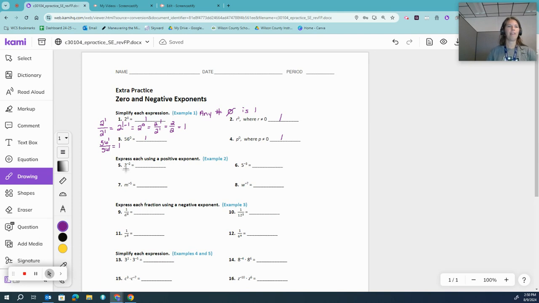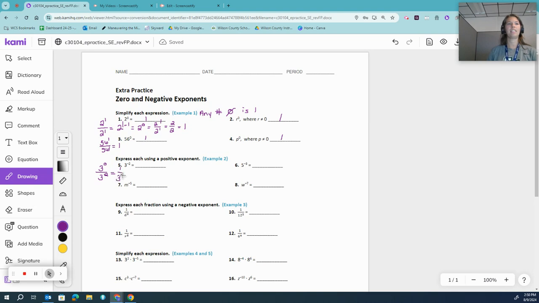Okay, so if I have 3 to the negative second power, I could get this by doing 3 to the 0 power divided by 3 to the second power. And we know that 3 to the 0 power is going to be 1 based on what we just learned above.